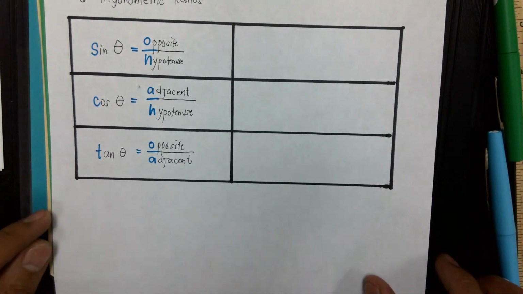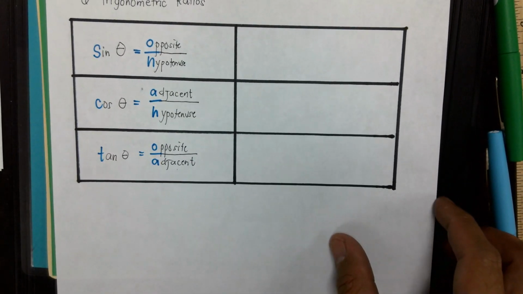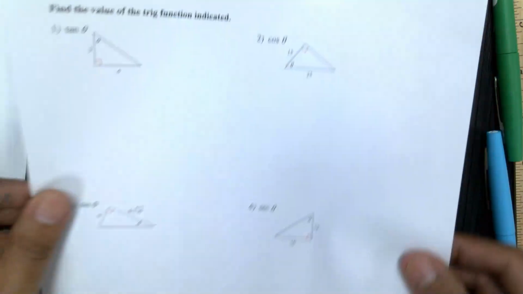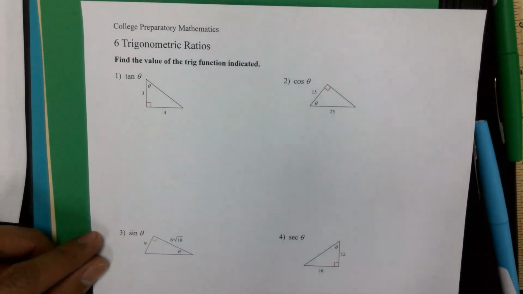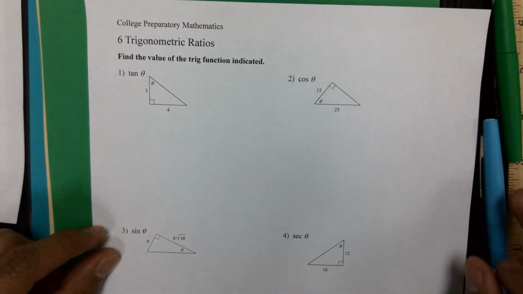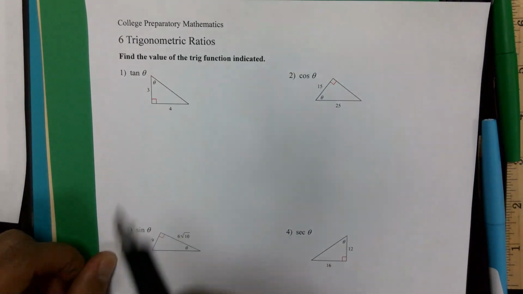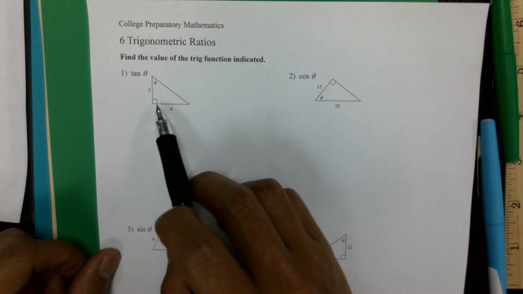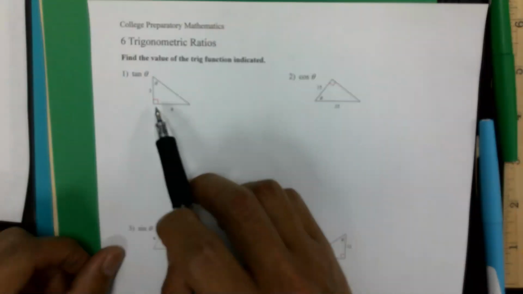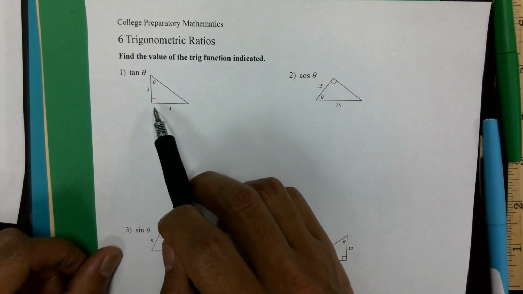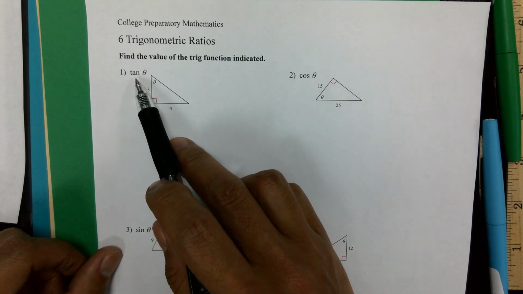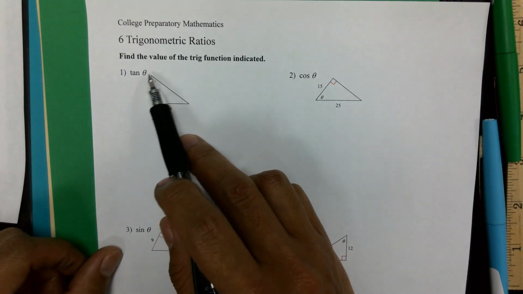Now let us look into an example for this. Say for example, number 1. As we can see, it's a right triangle, so therefore we can use the concept of the 6 trigonometric ratios. In this problem, we are asked to solve for tangent of theta.